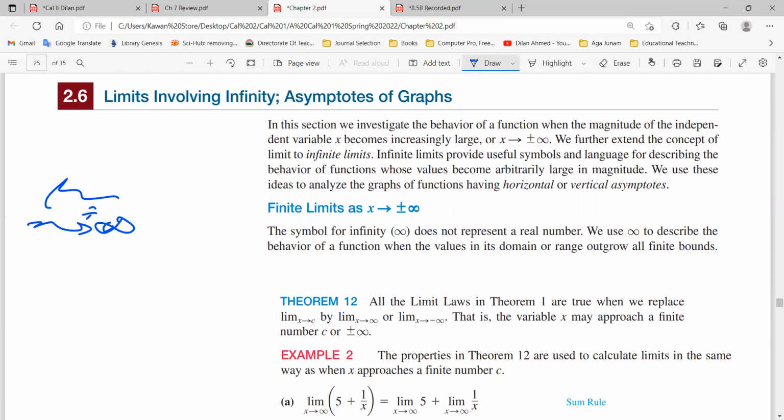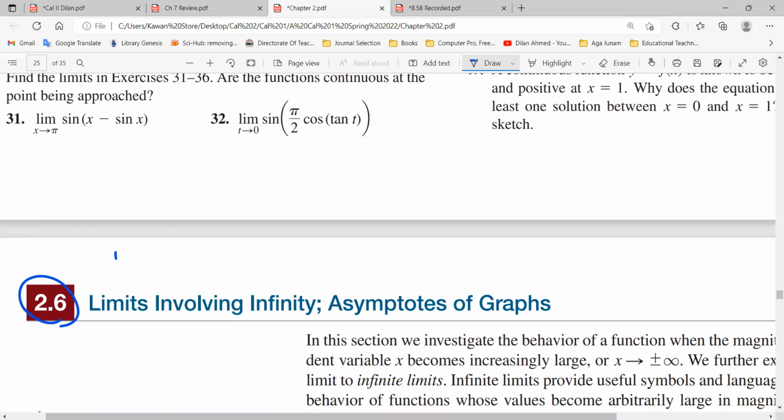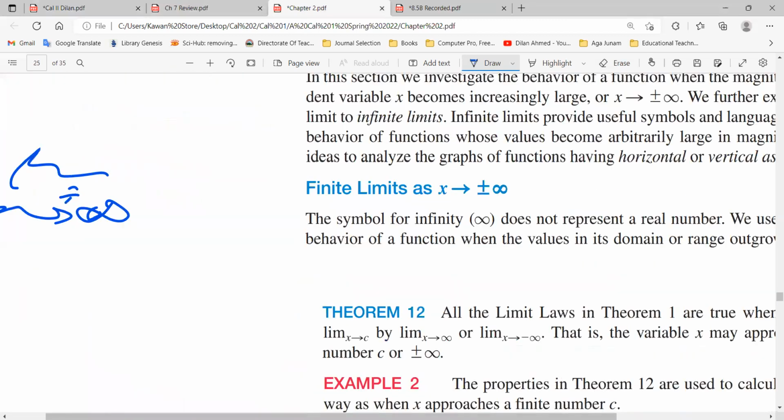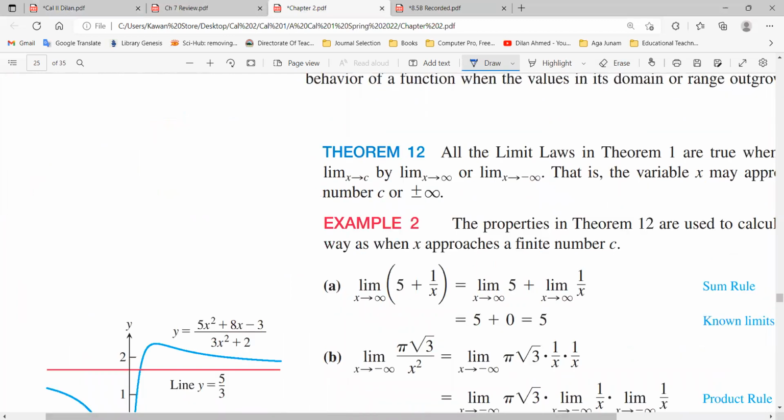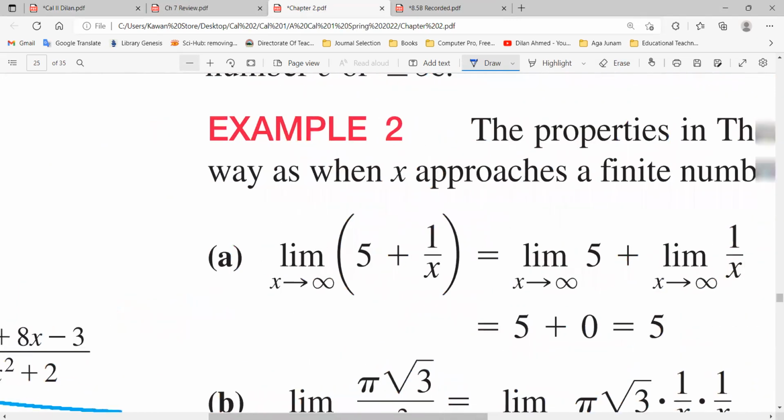Understood? So here is the first example, from section 2.6 in Thomas Calculus, 14th edition. You can review it, or you can use the video that I am going to provide in Cal 1, or here we are going to review it.